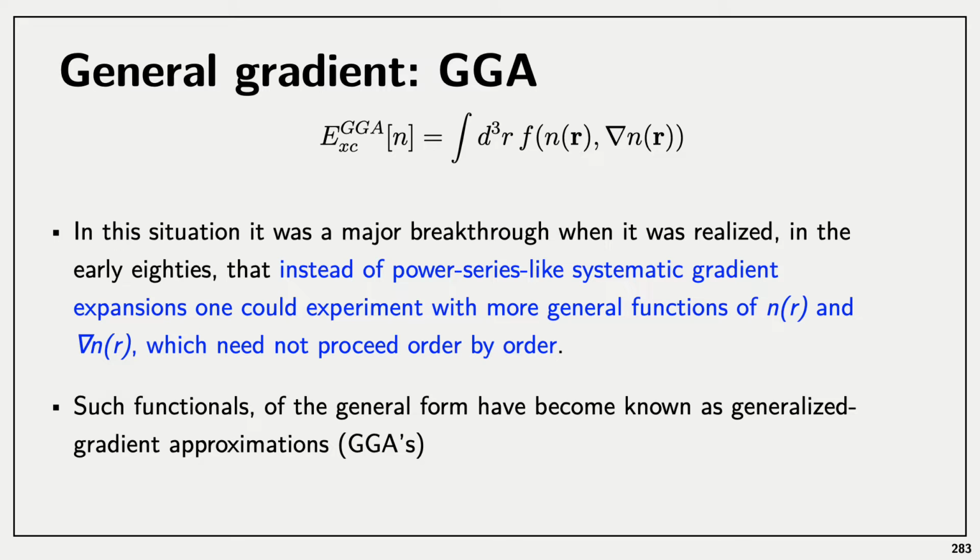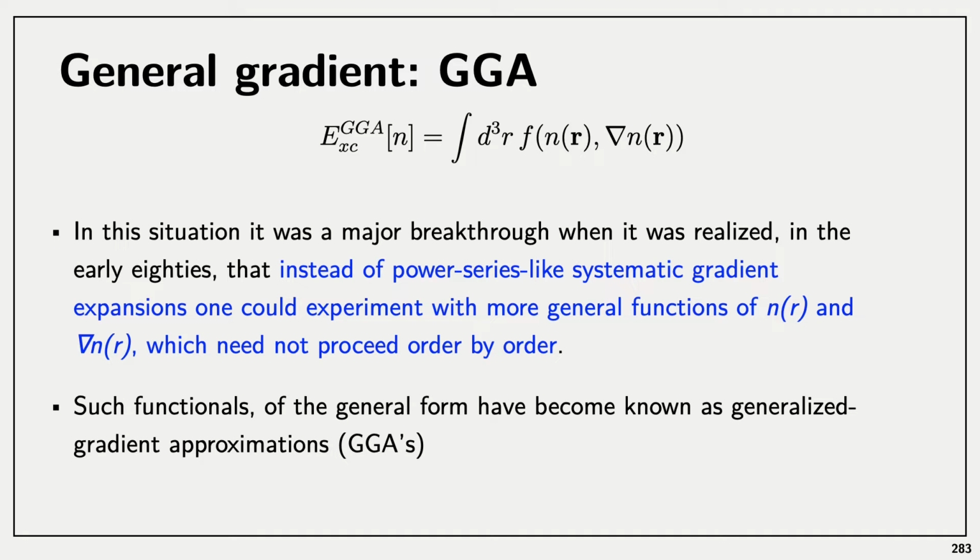So people came up with functions, not arbitrary functions, as I'm going to show you in a minute, involving the gradient. That's why we call it generalized gradient approximation. Not to be confused with the expansion, which would be a Taylor series type of approach, which actually doesn't work.